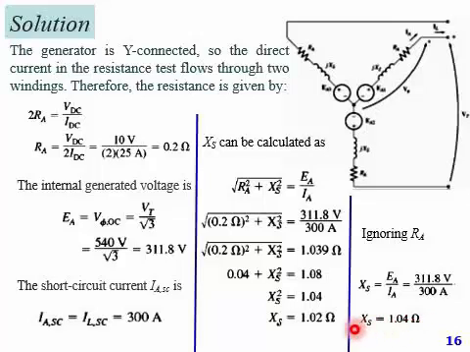So both answers are quite acceptable and quite close to each other. You need to solve these kinds of examples and numerical questions from the exercise to have a better understanding. Thank you.